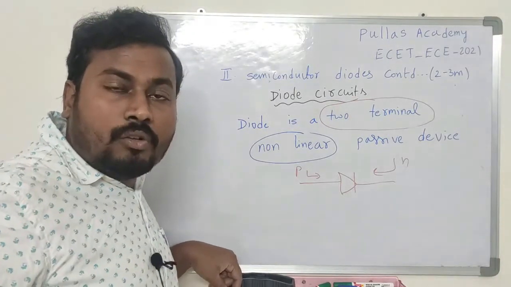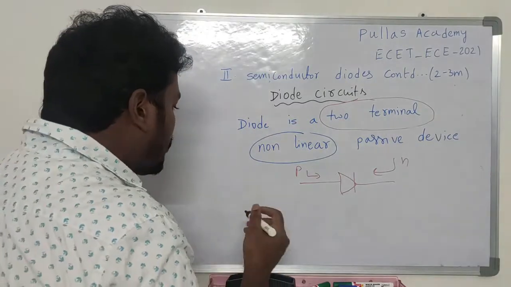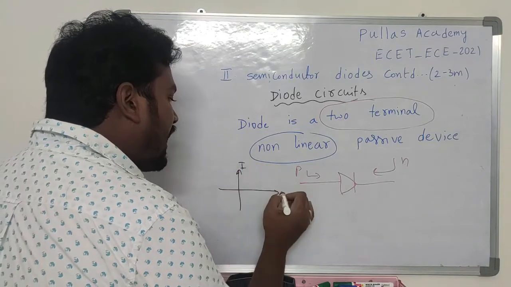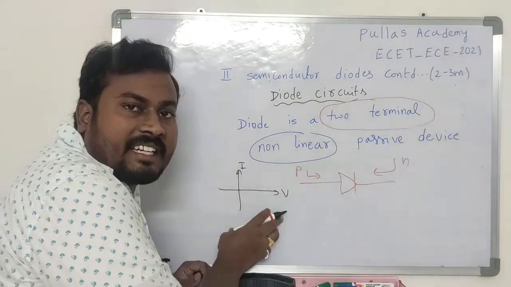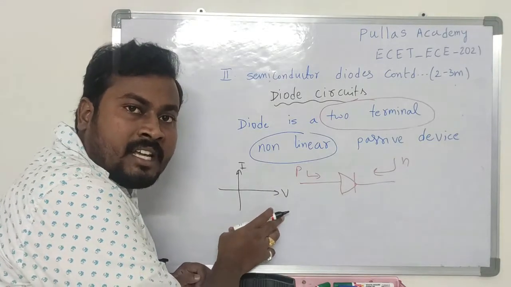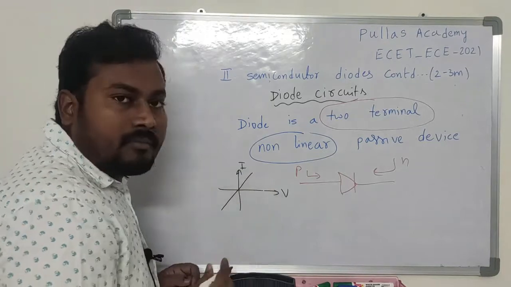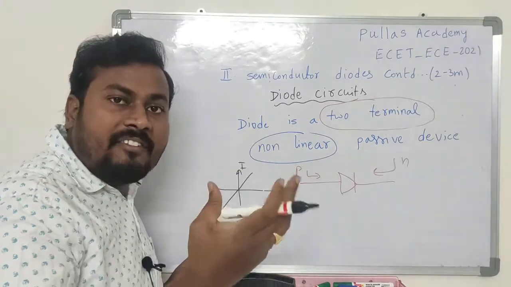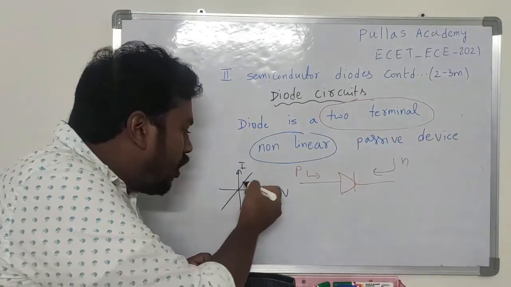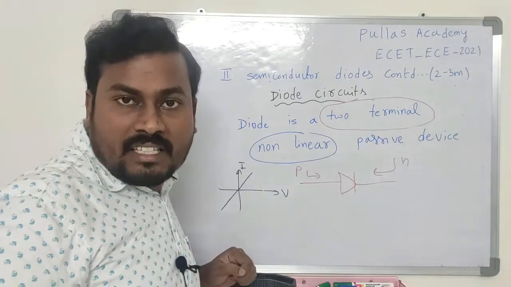Let me tell you what linear characteristics are. Suppose I have a device, and I draw its IV characteristics. If the characteristics are a straight line passing through the origin, such a device is said to have linear characteristics.